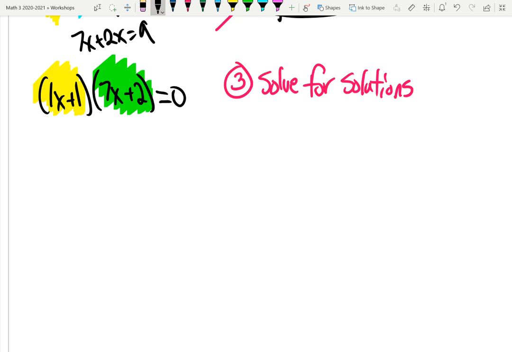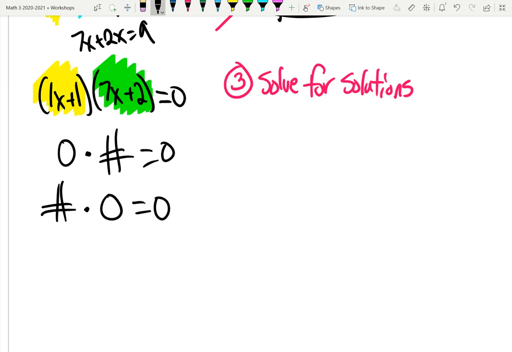Either this is going to be 0 times something is 0, or it's going to be some number times 0 is equal to 0. This is why this 0 is so important. It is the only number that enables us to do this. I can say 1x plus 1 equals 0.